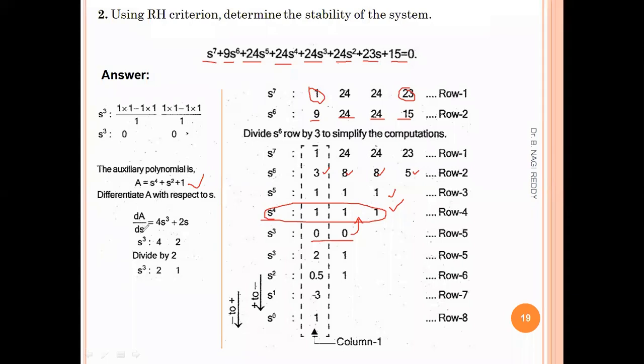We need to differentiate with respect to S. We will get 4S cube plus 2S. If we simplify, the 4 becomes 2 and the 2 becomes 1. Now replace the S cube row with 2 and 1. We don't consider the zeros row now, because we have replaced it by 2 and 1, and you can continue the process until S power 0.